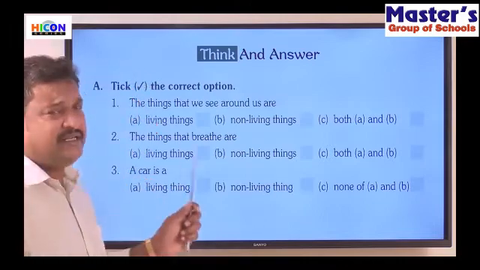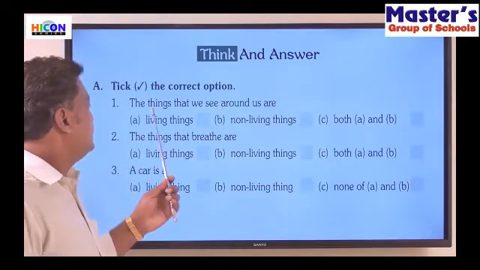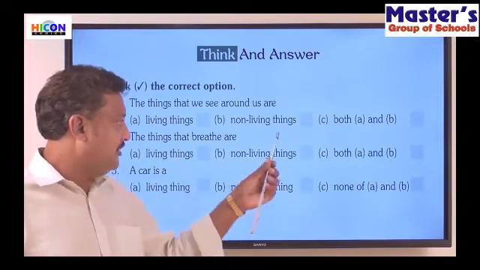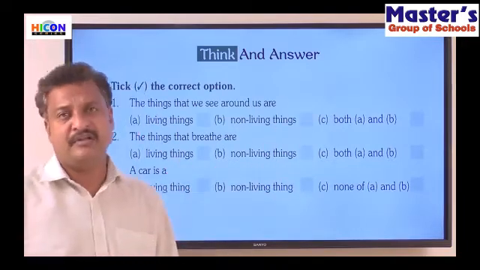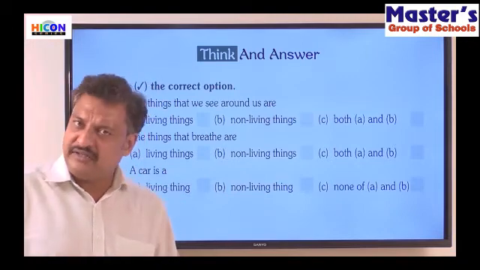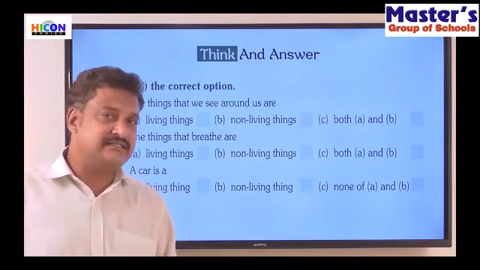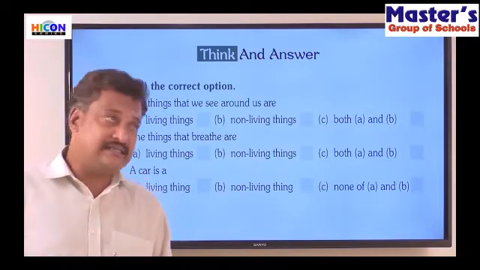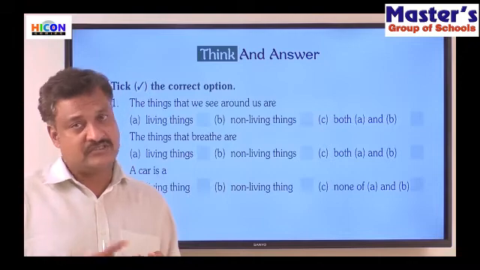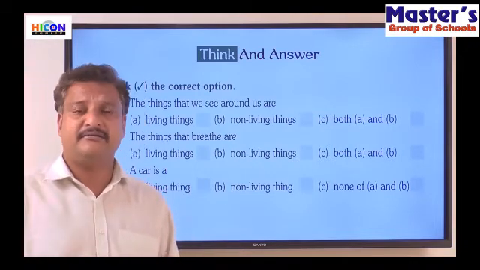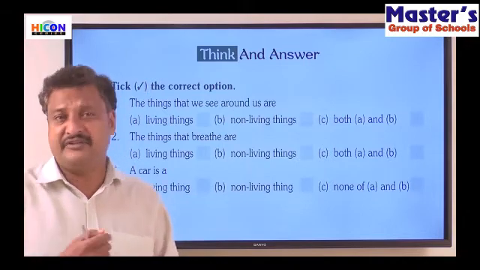So, what is the right answer here? The things that we see around us are living things, non-living things, both A and B. See, we see all the things, isn't it? We see plants, animals, birds, insects, human beings. At the same time, we see rocks, vehicles, chair, table, bag, buildings, everything, isn't it?